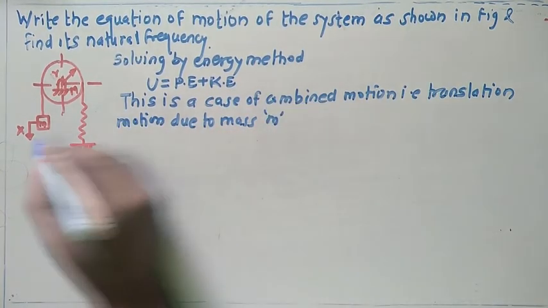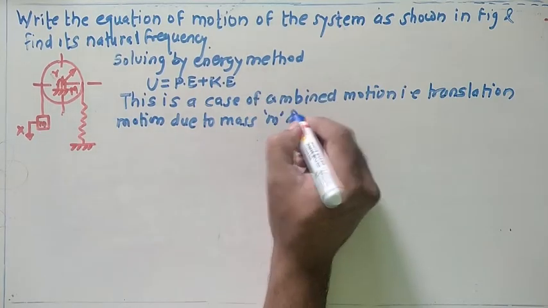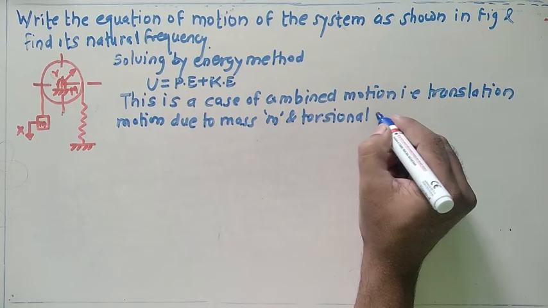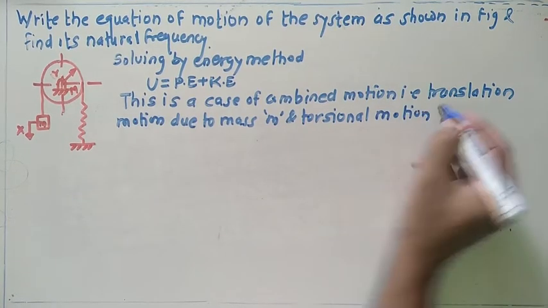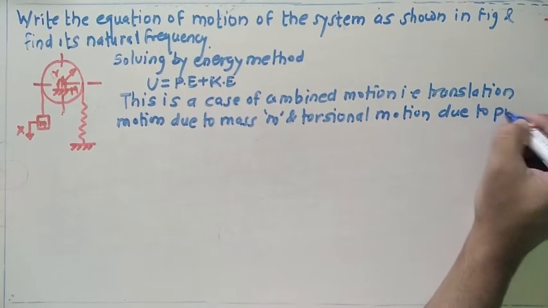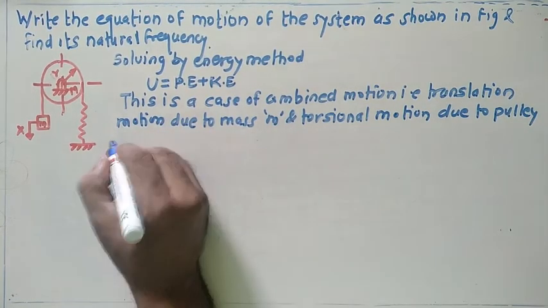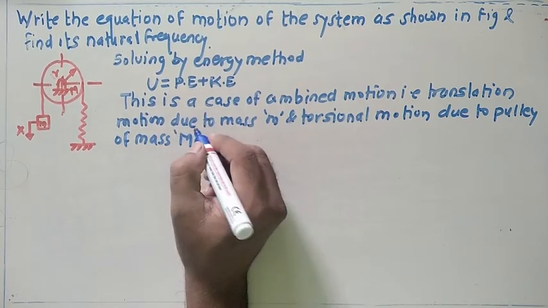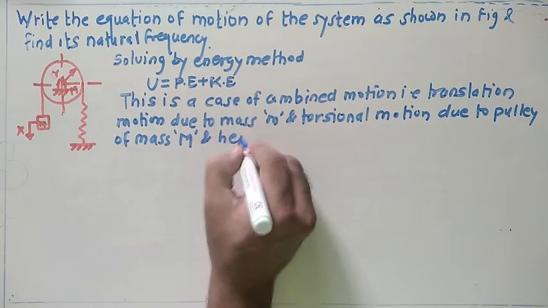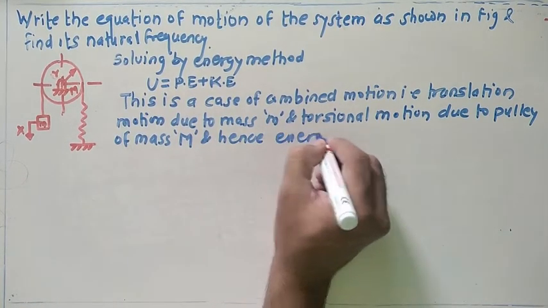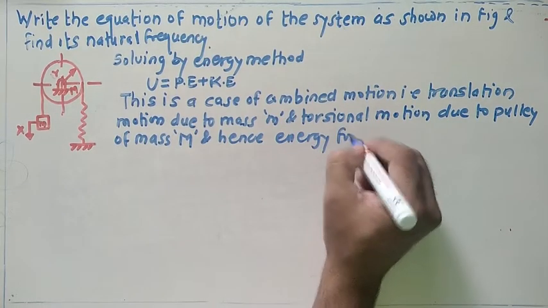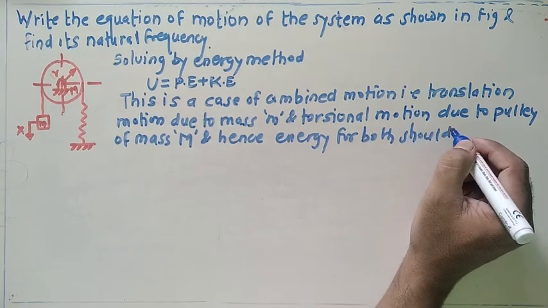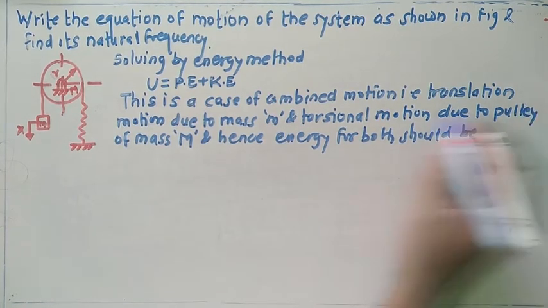small m, and torsional motion due to the pulley of mass, say here capital M, and hence energy for both should be considered.